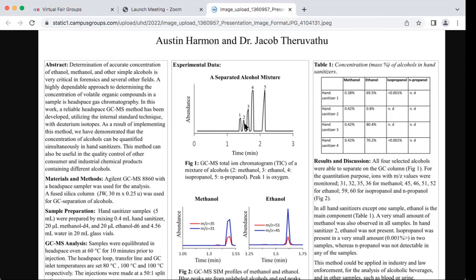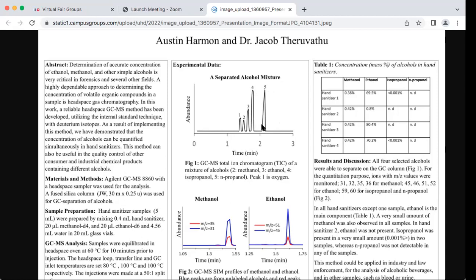Methanol is right here, number 2, and ethanol is 3, isopropanol is 4, and N-propanol is 5. This shows how the GC can separate the alcohols. Peak 1 is oxygen, but it shows that in the sample that we made, there are 4 different alcohols.